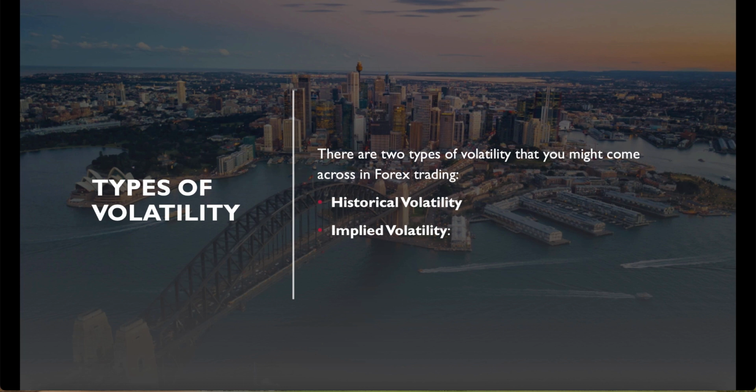Or let's say there's a trade deal between the euro area and another country, which will affect the euro's GDP and the economy overall, which is of course positive for the euro. That means we can anticipate implied volatility on the euro.